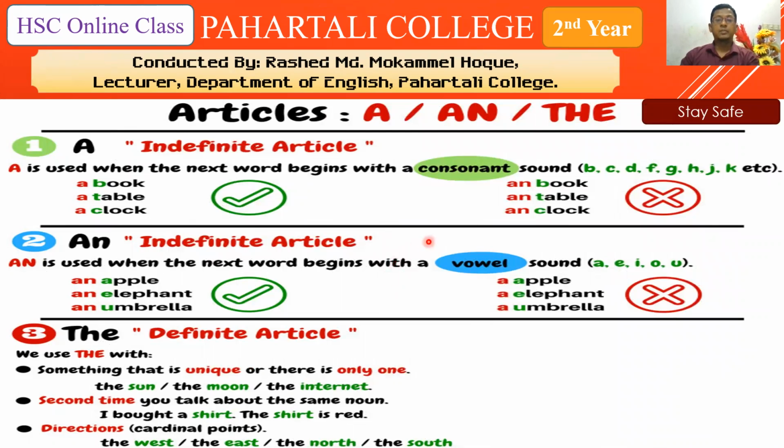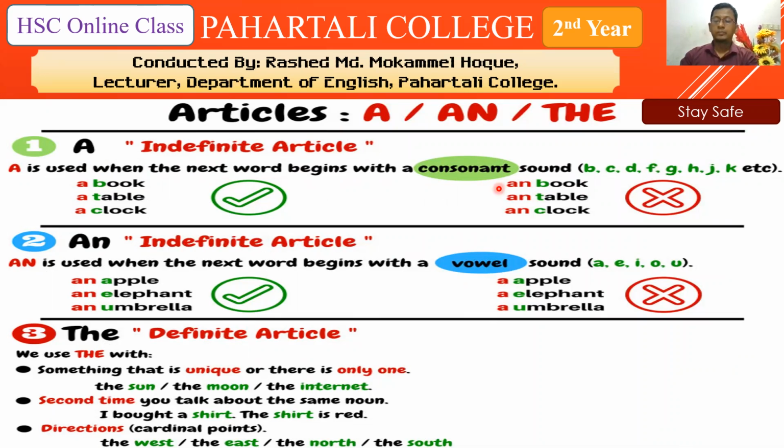Okay, here are some more specific elaborations for all of you. We know indefinite article consists of two words, a and an. A is used when the next word begins with a consonant sound. I repeat, a is used when the next word begins with a consonant sound, not consonant letter. It will be pronounced like a consonant.